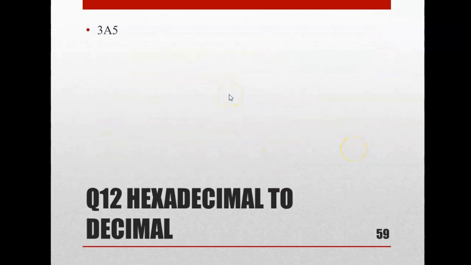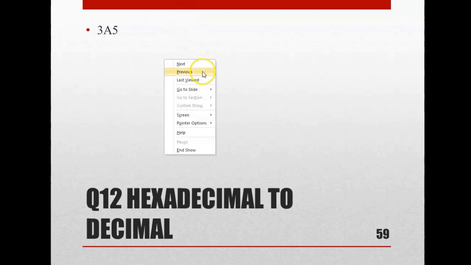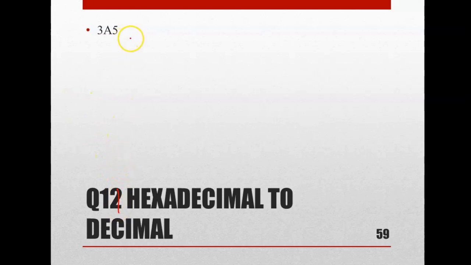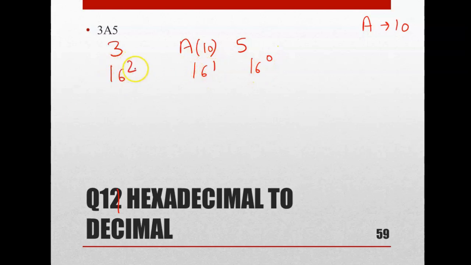Now the next question is again based on the same thing. It is 3A5, the third part given in question number 11 itself. By mistake I wrote 12 here, so this is part of question number 11 only. 3A5, and A you know is 10, so you will write here 10, then 16 to the power 0, 16 to the power 1, and 16 to the power 2 is 256.